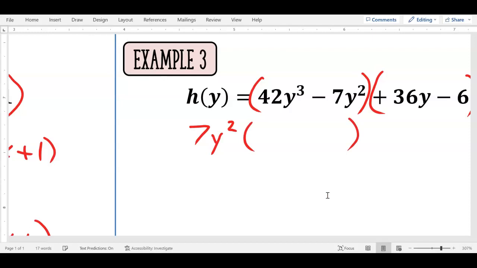What's 42 divided by 7? It's 6. And then I have y to the third, y to the second. Subtract the powers. 3 minus 2 gives me y to the first power, which is just y, right?